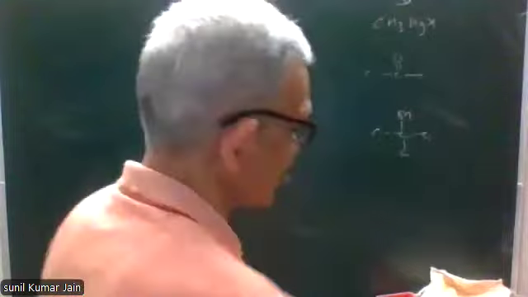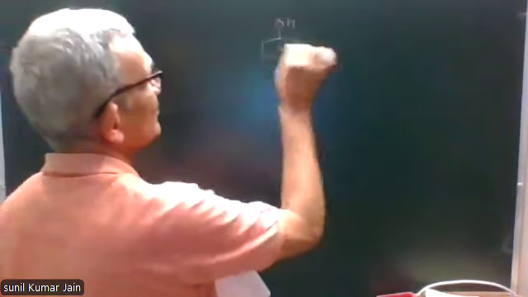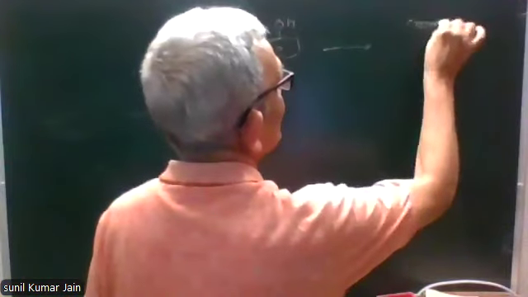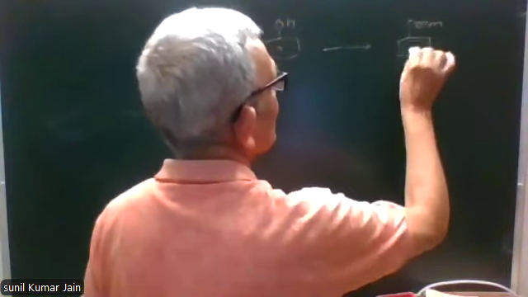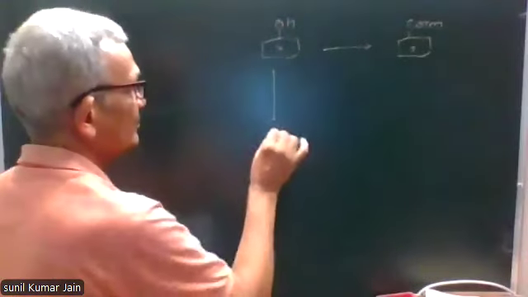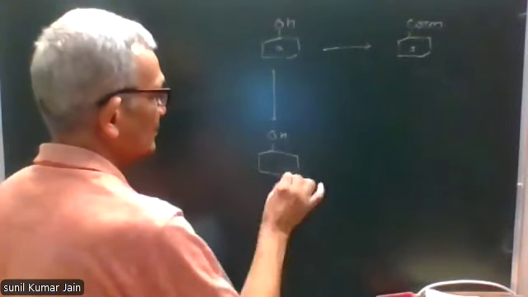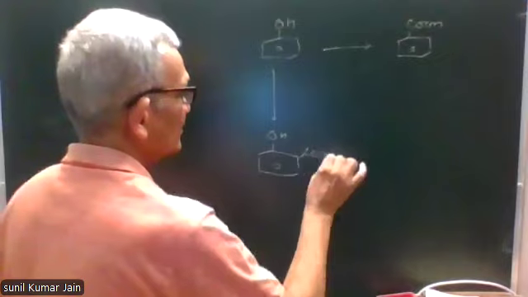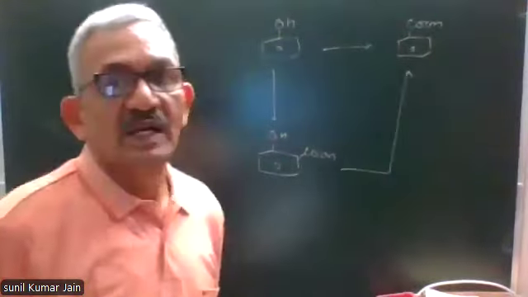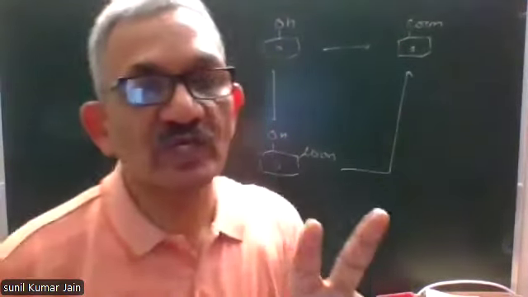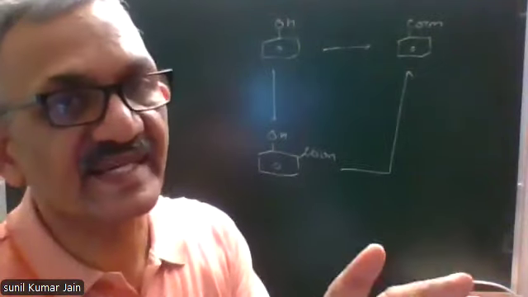Hydrogen in the form of effervescence will be released in case of 2-butanol, not in case of ketone. Now coming to conversions. Phenol into benzoic acid. I taught you two methods to convert phenol into salicylic acid.